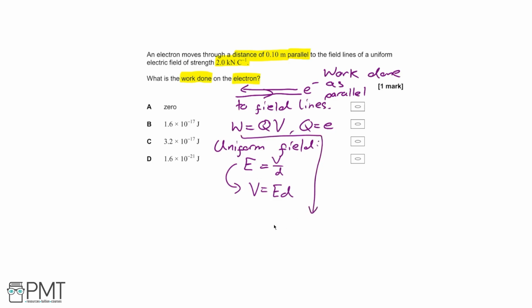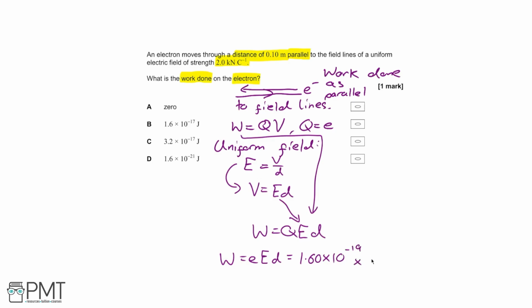So we have that W is equal to Q multiplied by E times d. So therefore, from there, we can write W is little e times the electric field strength times d, and then we can substitute in the numbers here. So we have that little e is 1.60 times 10 to the minus 19 coulombs.